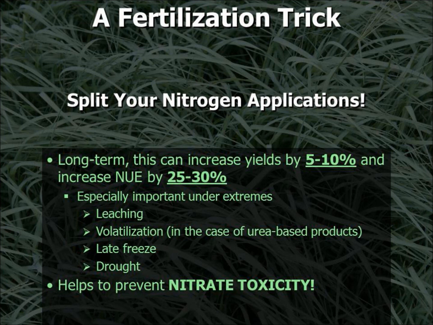We've had some areas in North Georgia that were affected by the freeze we had a week or so ago. When you put out a lot of nitrogen early on, especially if you're putting out extremely high rates of nitrogen, 150, 200 pounds, and then it gets bit back, then we're going to have some real stand problems in that field as a result. It's a major stress. The other big thing that this helps avoid is nitrate toxicity. And every year that we have major droughts, we have some problem with nitrate toxicity.